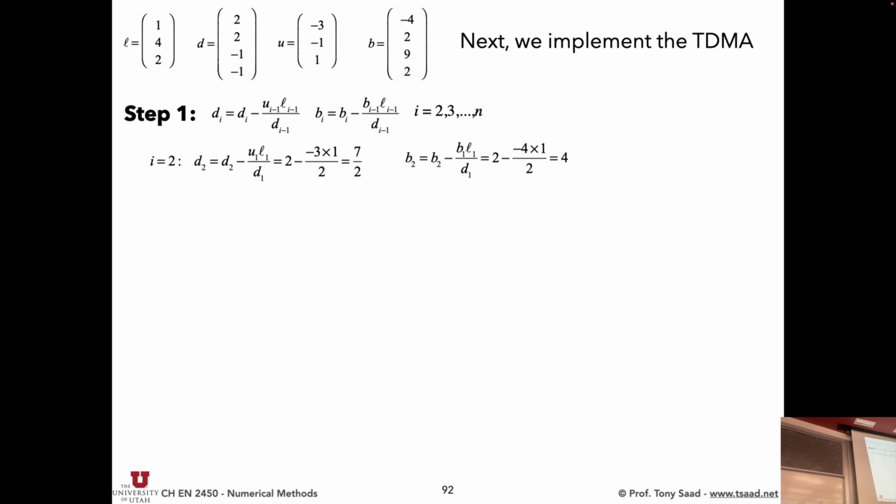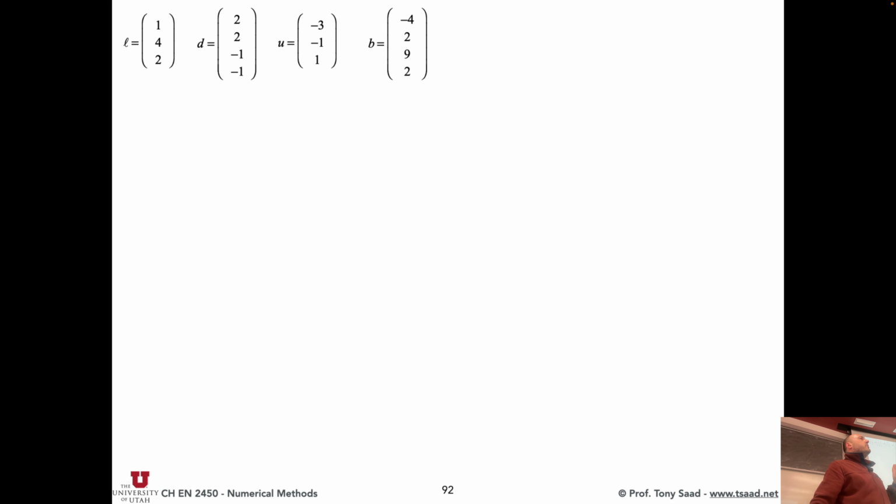Yes? So that D2, that's the main diagonal, right? What do you do with the lower and upper two? You don't worry about those, because that's automatically converting it to an upper diagonal. So you just get rid of that? You're not working with the matrix anymore. Well, no, we still have the L and U. But they don't matter in the solution process, right?